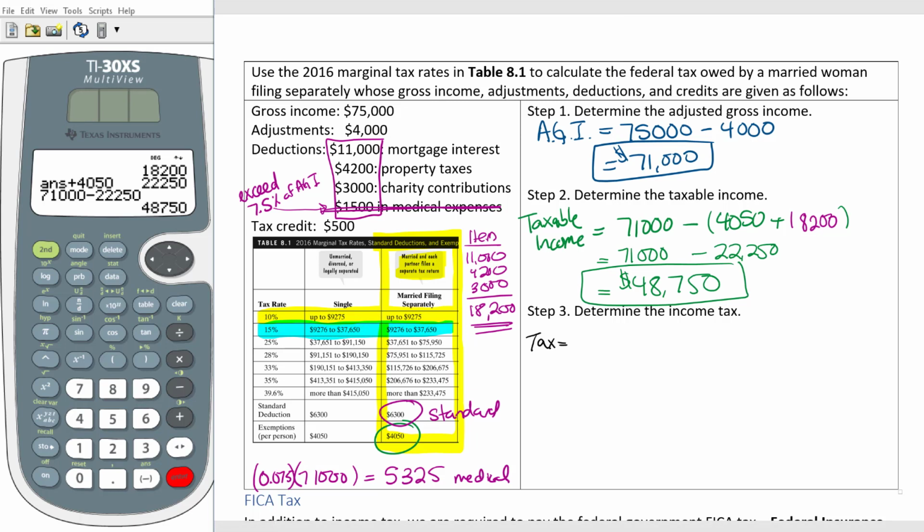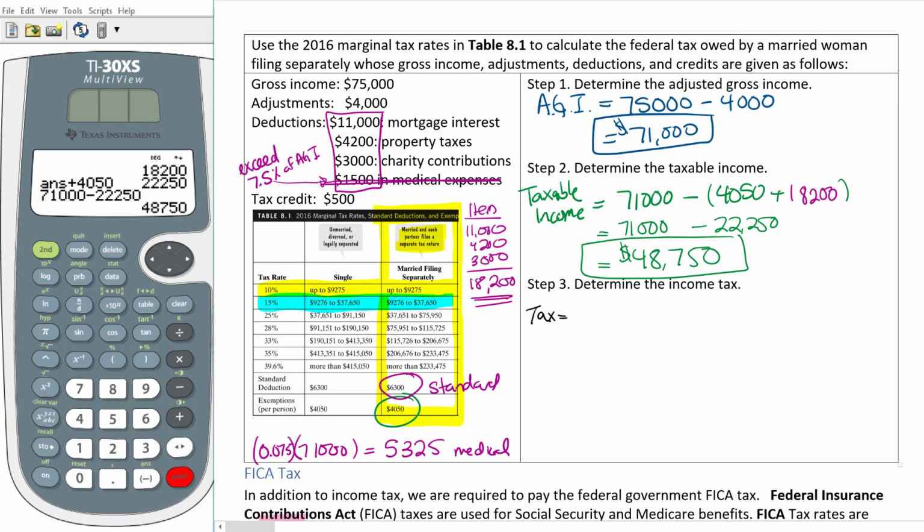That goes up to $37,650, but because my 48's bigger, that means I also have some in the 25% bracket. Okay, so when I find my tax, I have 0.10 times all of the taxable income up to $9,275.